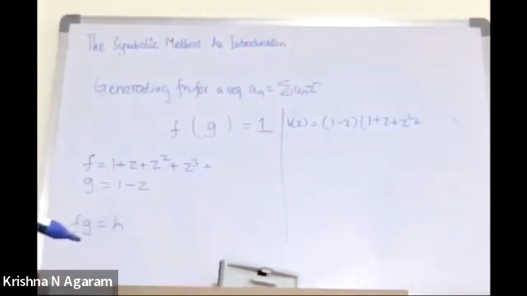This should be one, right? Because you can write the right side as 1 by 1 minus z. Why is it 1 by 1 minus Z? That's the generating function of that thing.